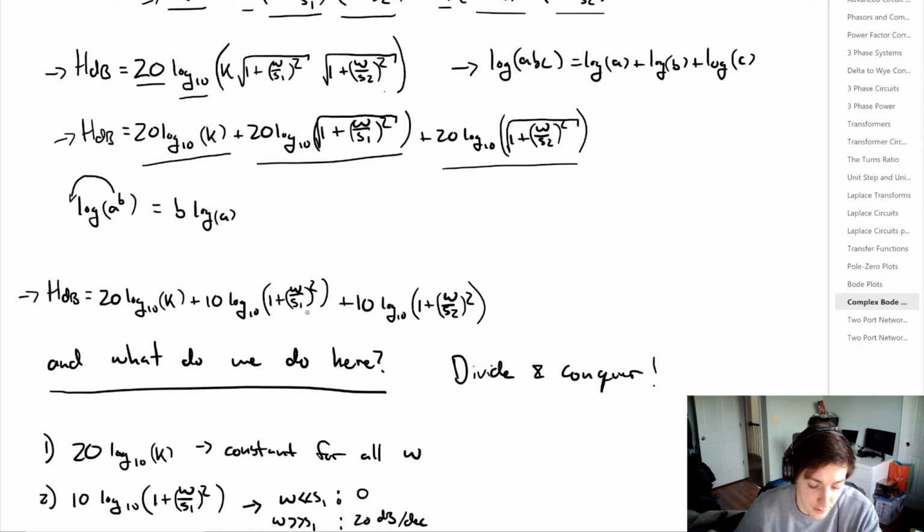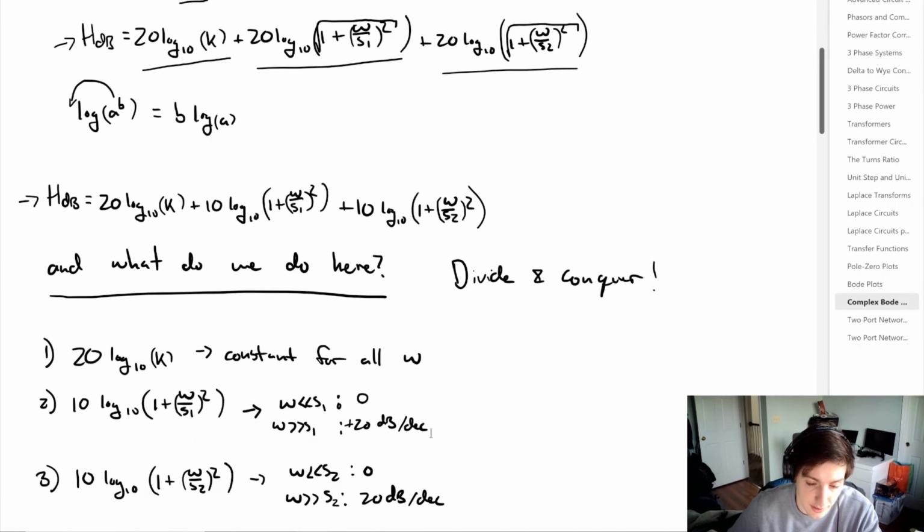And we know from the last video that at ω much less than s1, our output is 0, and for ω much greater than s1, we have a positive 20 dB per decade increase. The third term looks a lot like the middle term. So we get a similar nature where we get a 0 for ω much less than s2 and a 20 dB per decade increase for ω much greater than s2.